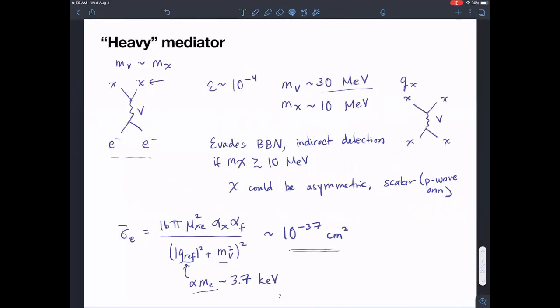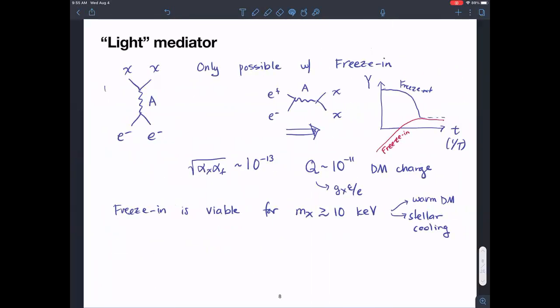And if I go back and take the same cross-section definition, this mass down here will go away. So let me just copy it. And instead, what appears in the denominator is the reference momentum, which remember is quite small compared to the mass scales we've been talking about so far. This was 4 keV.